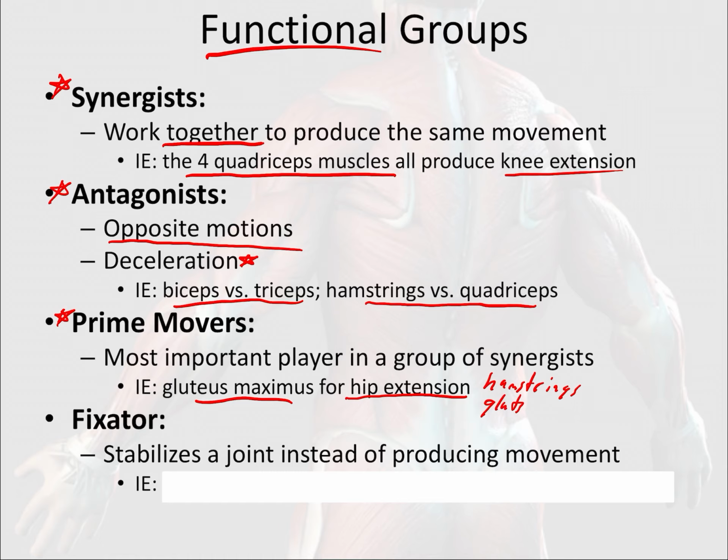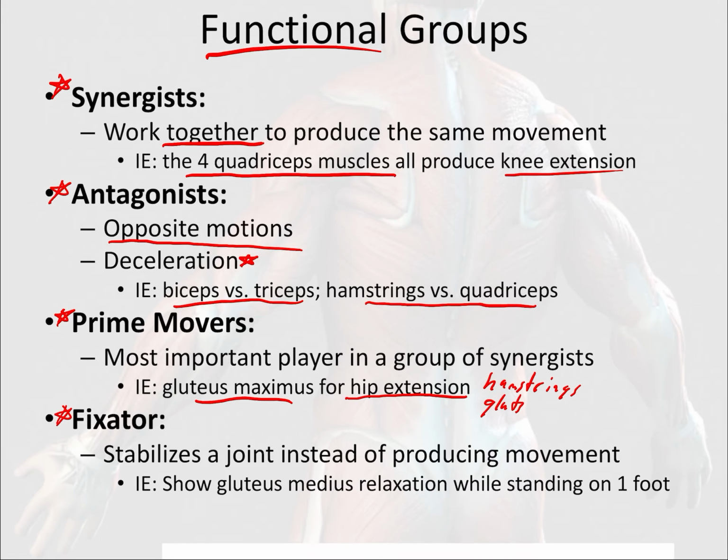Okay, and then there are fixator muscles. We typically think of muscles actually moving joints and producing joint movement, but it's also very important many times for muscles to contract and then no movement is produced at all, but it just stabilizes a joint, right? I can show you this one in class when we talk about the hip, but the gluteus medius muscle is known as an abductor of the hip, which means that if you stand on your left leg and lift your right leg out to the side, that's abduction.